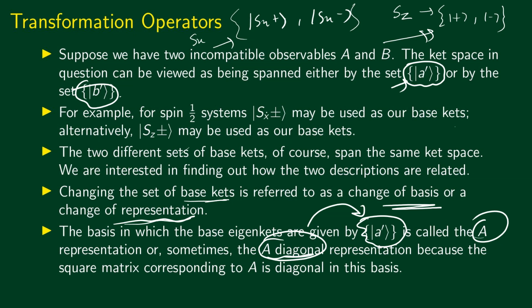We have seen that in this representation, the observable A will be a diagonal matrix. So you can either call this representation the A representation or the A diagonal representation, in the sense that we are talking about a representation in which the matrix representation of A is diagonal.